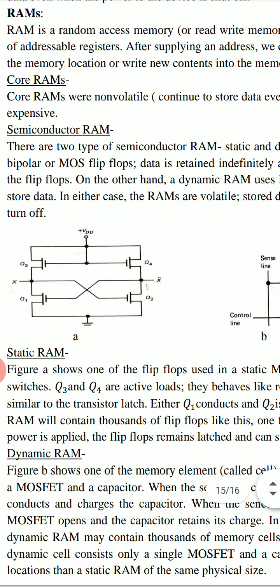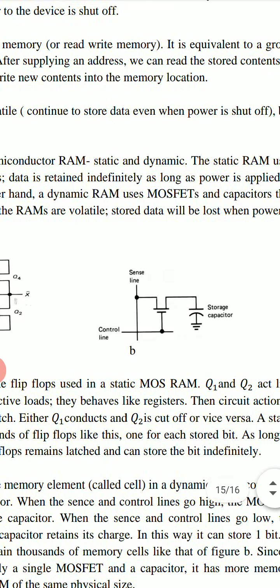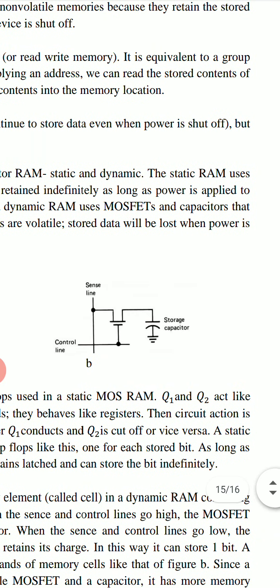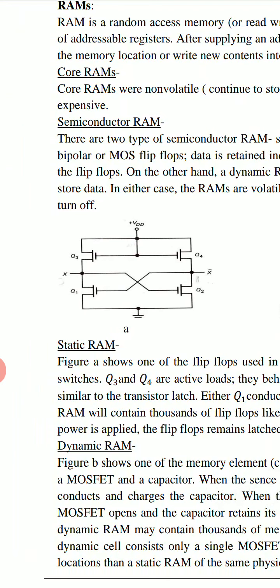So semiconductor RAMs are of two types, static and dynamic. Static RAM uses bipolar or MOS flip-flops. Bipolar flip-flops means flip-flops using transistors, and MOS flip-flops means flip-flops using metal oxide semiconductor field effect transistors, MOSFET.